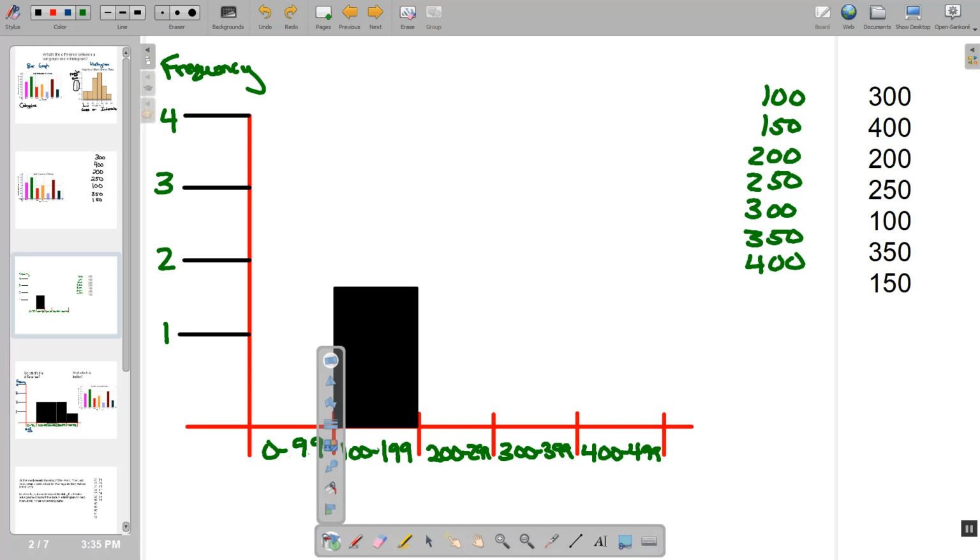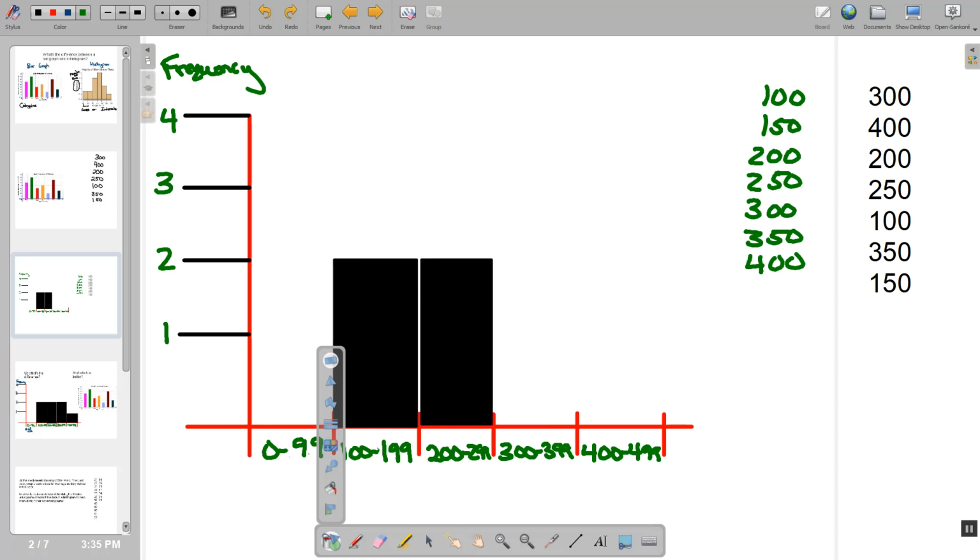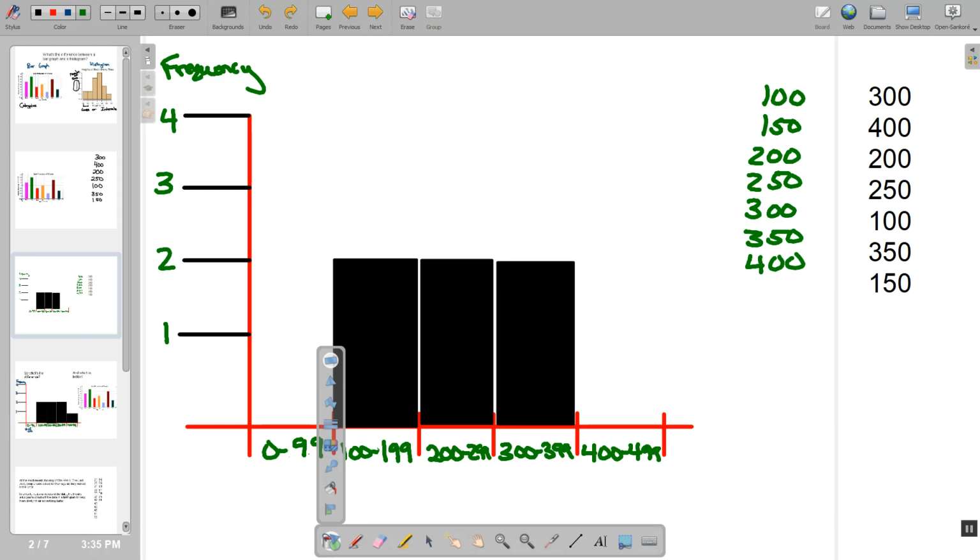I'm going to shade 2 in this gap. The next gap between 200 and 299, I had 2 numbers fall in there as well. Between the next 2 numbers, I also had 2. And then finally, for the last gap, I had a single 400.